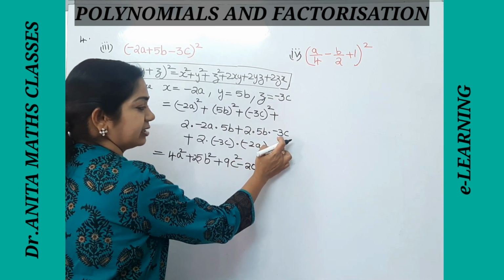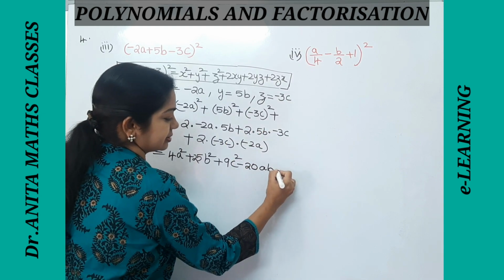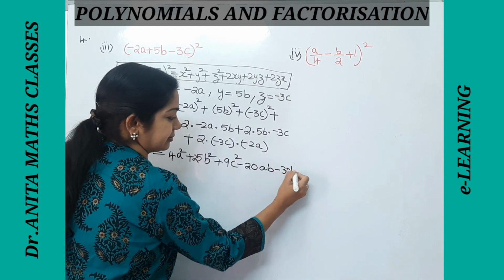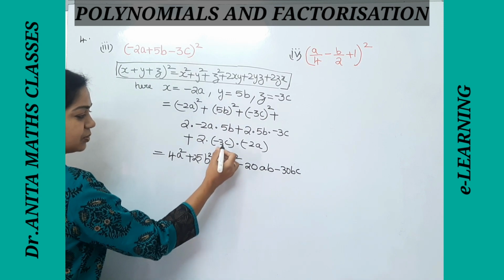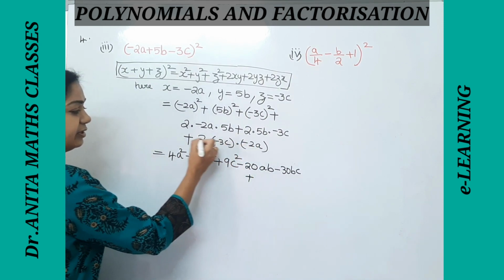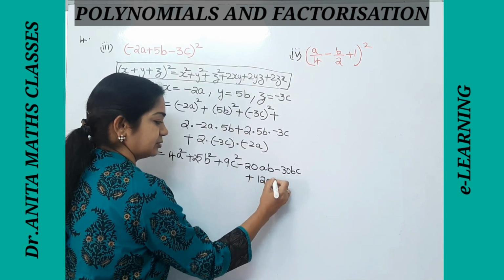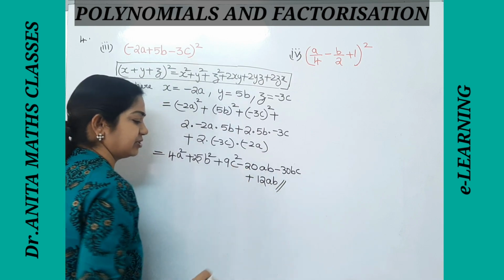Now here also a negative sign, 5 threes are 15, 15 twos are 30, so minus 30bc. And the last one is minus into minus, which is plus: 3 twos are 6, 6 twos are 12, 12ac. So this is the final expansion.